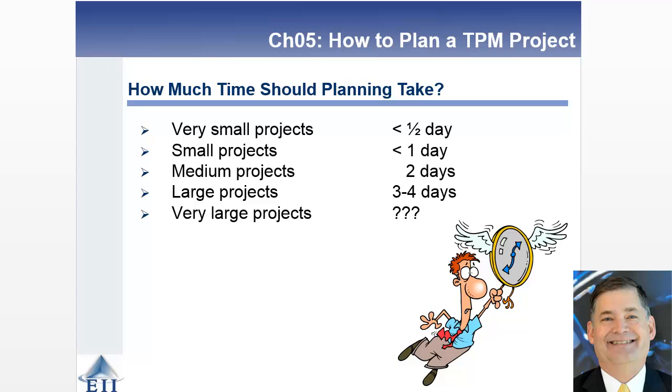And then finally, you need to do some planning in terms of how much time you should allocate to the planning phase. If you're hammering a nail, hopefully it's measured in seconds. If you're planning to add a small bathroom to the house, it may be just a half day or a day thing. If you're consolidating universities, it's going to be measured in months.